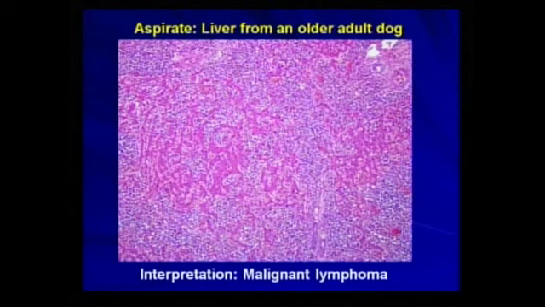Okay, almost never diagnostic. I even find, honestly, needle biopsies of those livers to be somewhat difficult. So aspirates would be even more so, but this was one that actually, because it was ultrasound guided, hit a mass lesion in the liver, and we saw malignant lymphoma.